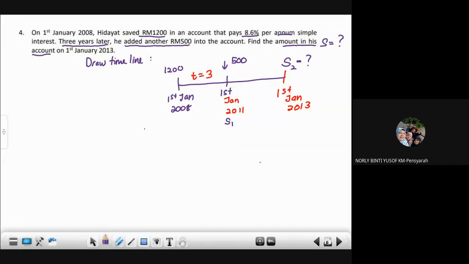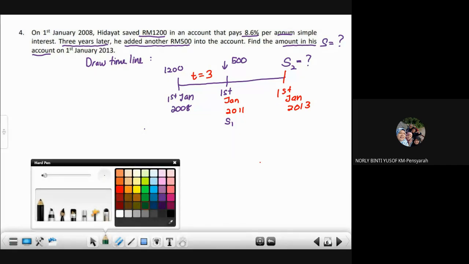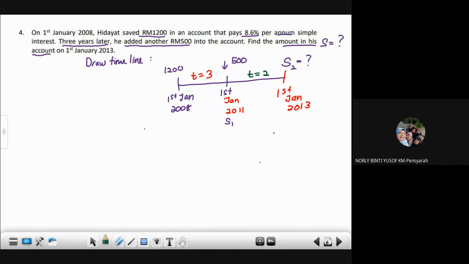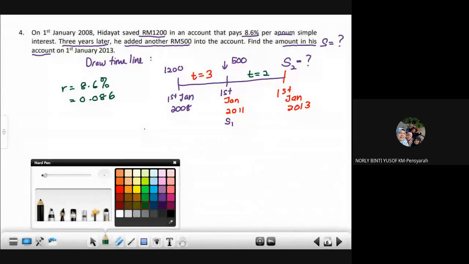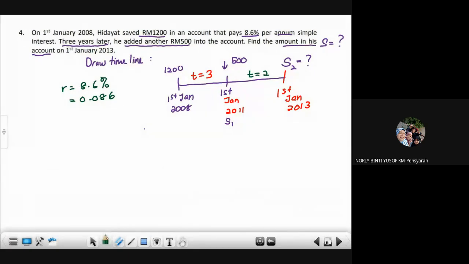Lepas 3 tahun nak pergi 2013, maknanya tempoh masa dia adalah 2 tahun. Okay, so bila dah faham, kita pun tulis dia punya rate dulu, 8.6%, 0.086. So kita pun cari dulu untuk 3 tahun, sum of 3 tahun dulu.